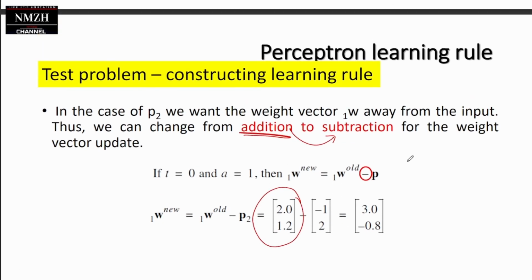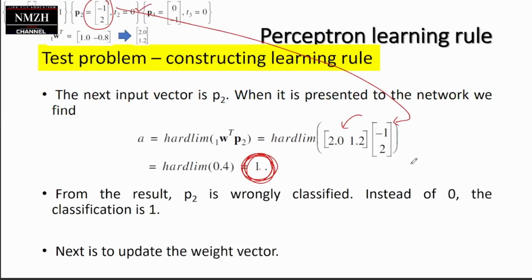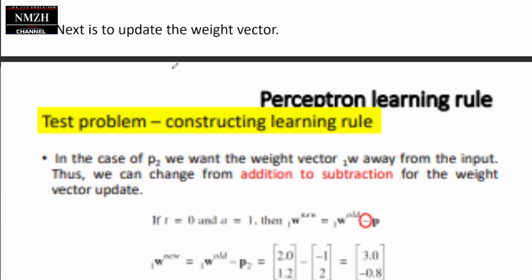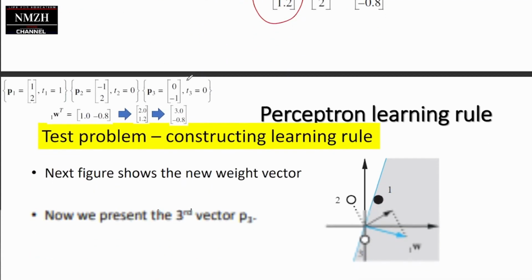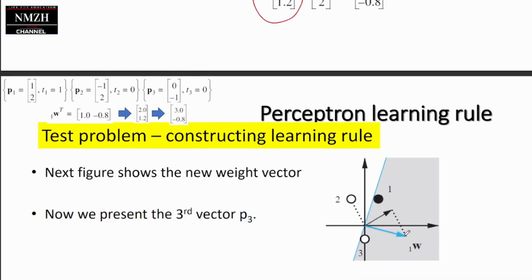The second input is taken over here. So now we have 3.0 and minus 0.8. So 3.0, minus 0.8 is here. Okay, so it was really too close, so we try to avoid them. The new vector is over here. Okay, right.